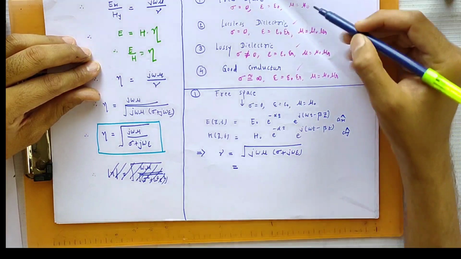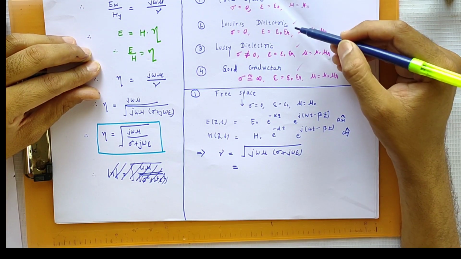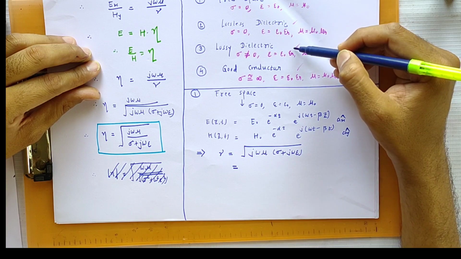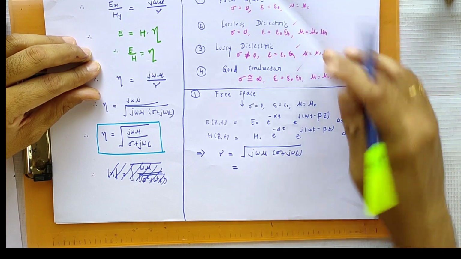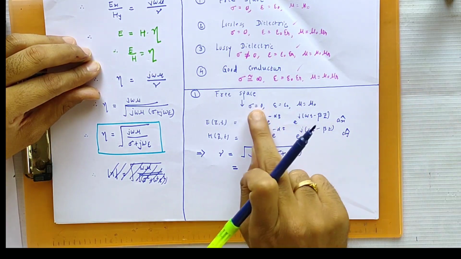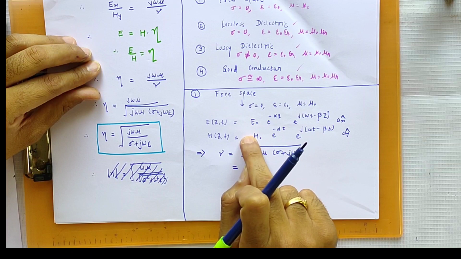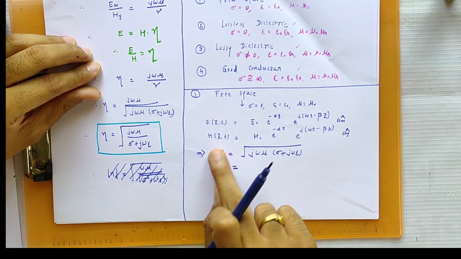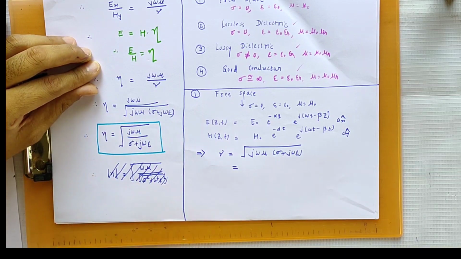Remember one thing: if any theory is asked in the exam, either free space, lossless dielectric, lossy dielectric, or good conductor, we always write in this way. First we write the property of the medium, then these two equations, then the propagation constant equation, and finally the intrinsic impedance equation.